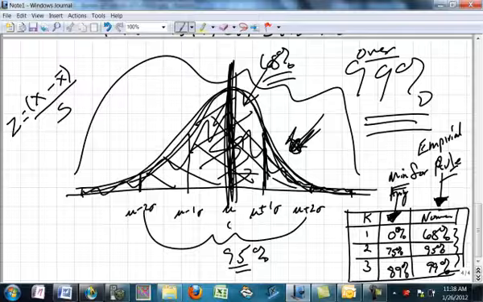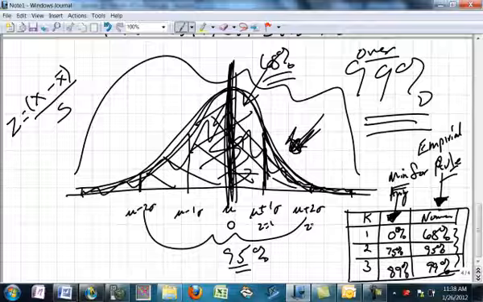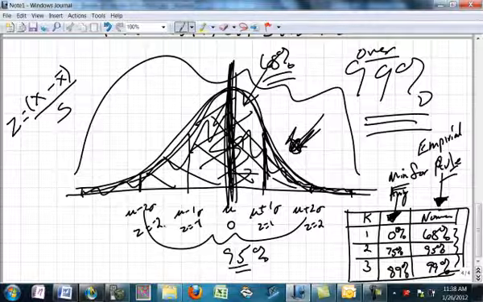So if this is 0 here for the mean, this is z equals 1, this is z equals 2, this is z equals negative 1, and this is z equals negative 2. So negative z values are below the mean, positive z values are above the mean. And this would be a z of 0 if you're at the mean.